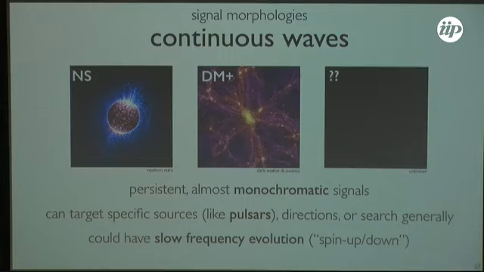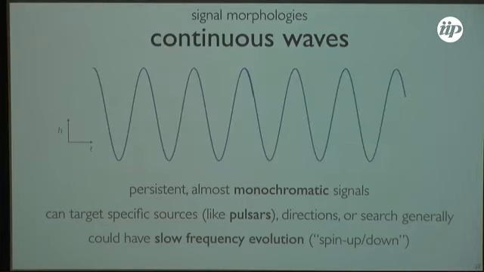We can direct a search at it and try to see if there's a gravitational wave coming from that direction. Or we can make a search that is agnostic as to where it's coming from and what properties it has. It's just looking for these constant monotones in our data. And these come with different associated computational challenges and so on. But anyways, what we're looking for is basically a sinusoid.